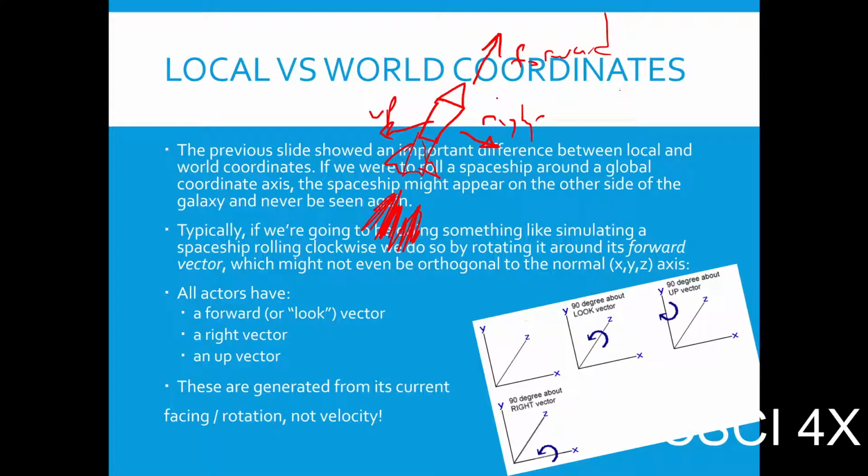And the world itself has an X, a Y, and a Z, and these things are not usually the same thing. A rocket ship may just happen to be aligned to an axis, but usually it's not. This guy might be traveling in some diagonal, and you can still say, okay, create a missile 10 units to my right.